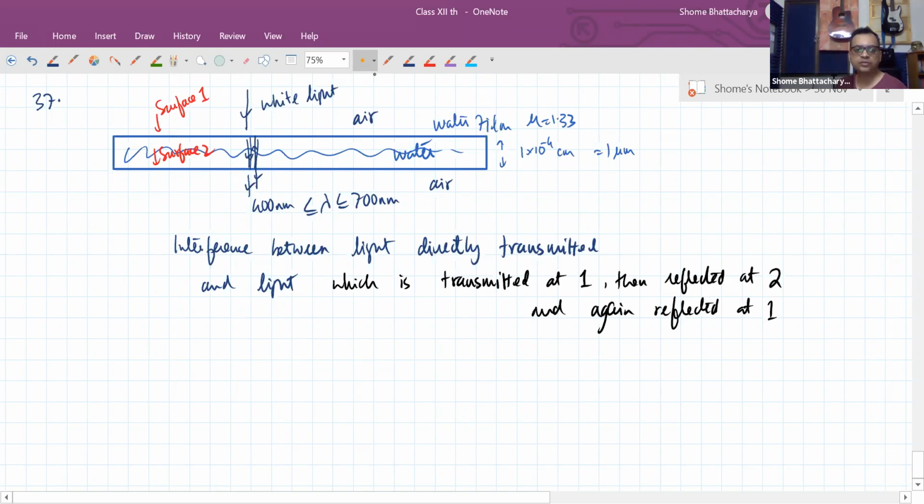So these are the two types of light that we have to consider. Here an extra phase difference of pi would be considered. Okay, so let's compare these two.